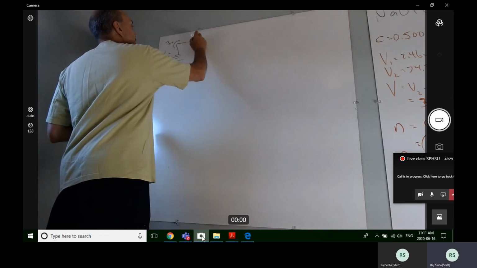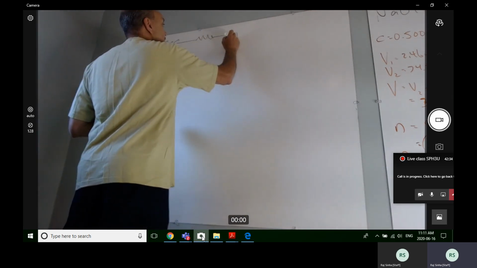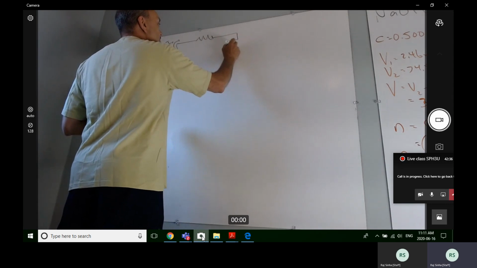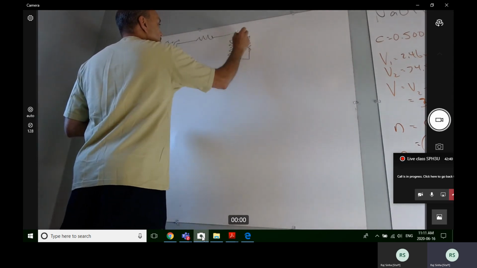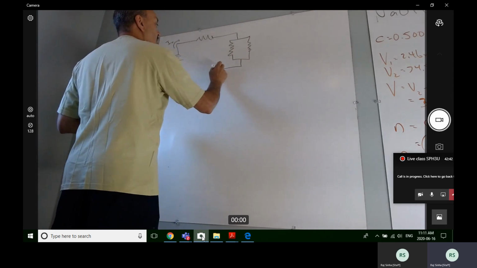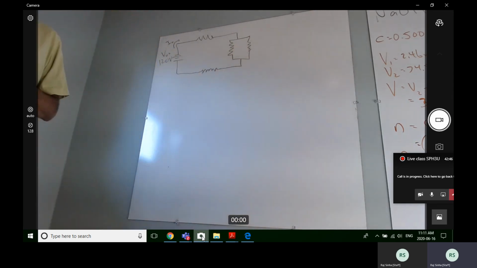And then I'm going to go through my first resistor, come down and go through either this resistor or that resistor, and then through this resistor, R4. So those are my 4 resistors.